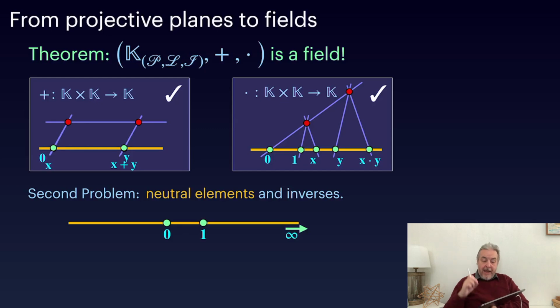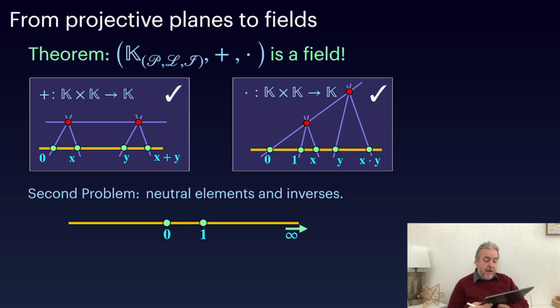So 0 actually is the neutral element for addition. And similarly, if you look at multiplication, you see if x coincides with 1 in that construction, y must coincide with x times y in that construction. So 1 and 0 are indeed our two neutral elements.